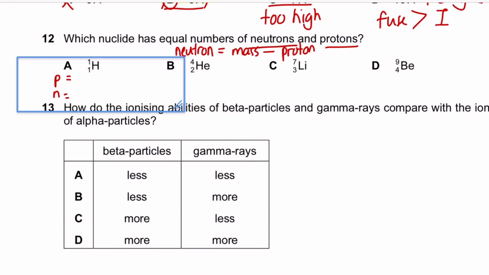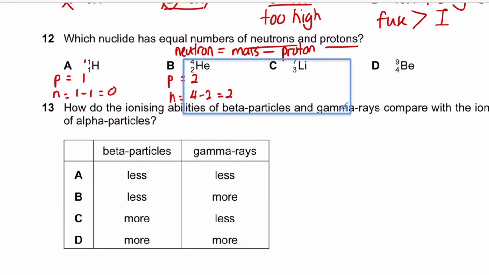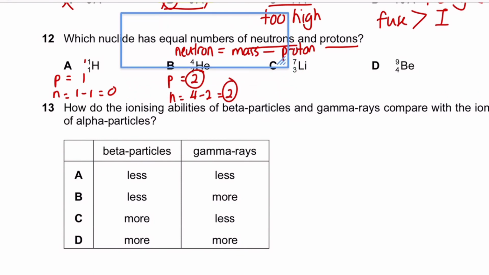P here from option A is 1. Neutron is mass deducted with proton, which is 1 minus 1, which is 0. For option B, proton here is 2. The neutron here is 4 deducted by 2, which is 2. Next, option C. But I can stop at option B because the P and the N have an equal number of proton and neutron.